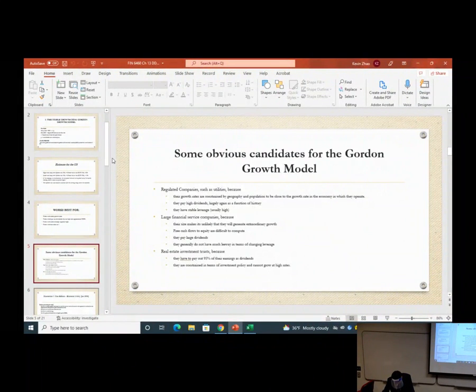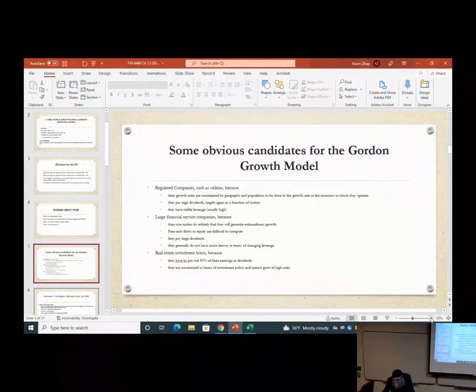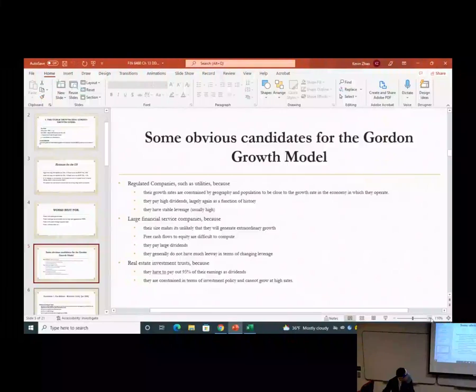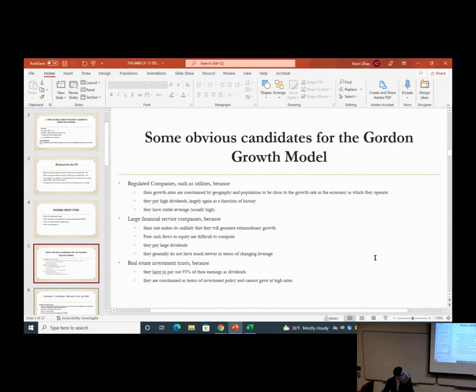And here are candidates. Three typical candidates for the golden growth model. Golden growth means constant growth model. Just three factors in the equation to get the answer. First one, regulated companies, like utility companies.